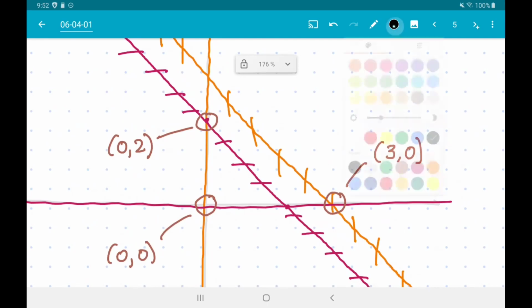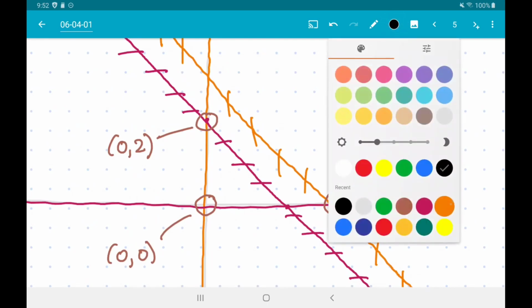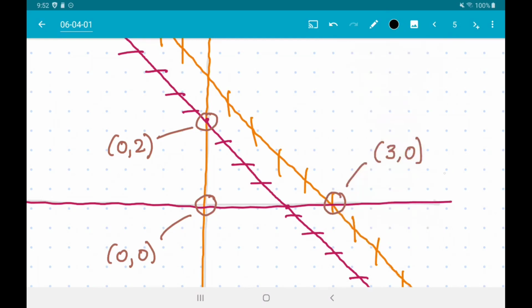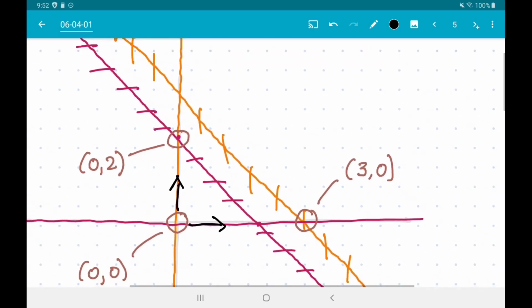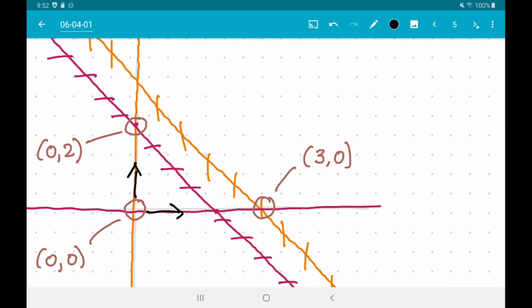Okay, now we can finish drawing all of this. So the fixed point at 0, 0 was unstable. It was a node. So we can draw the vector field going like this. The one at 3, 0 was a stable node. And if you'll remember, we had something like this.